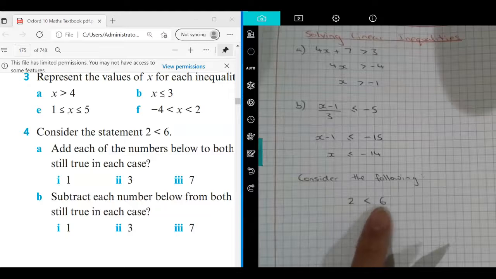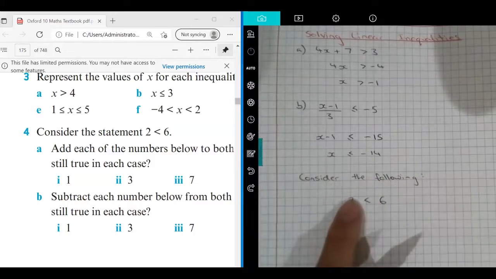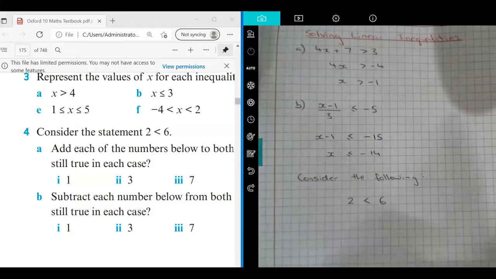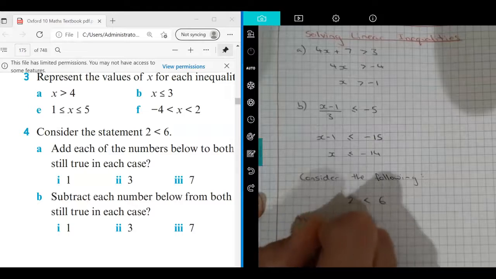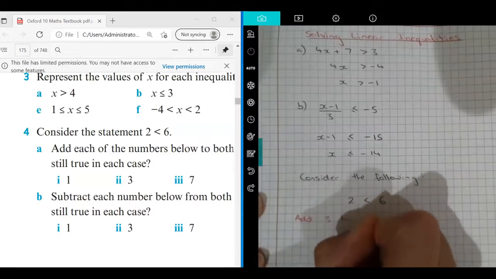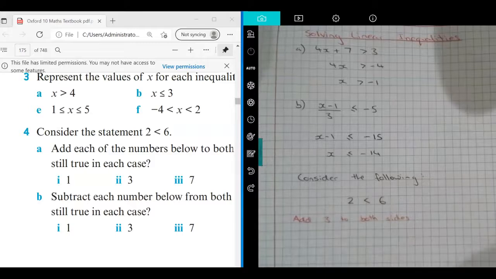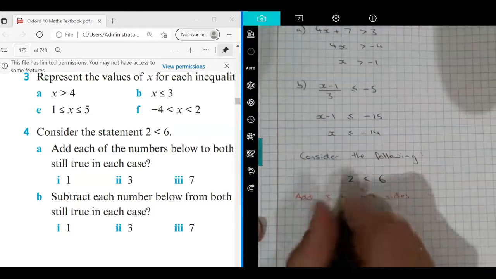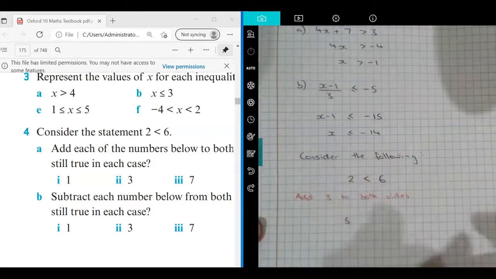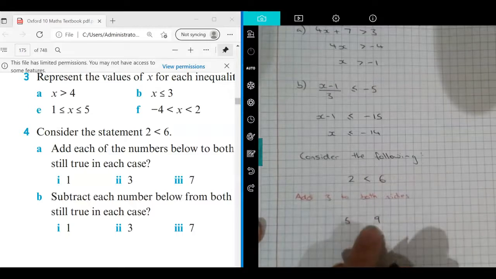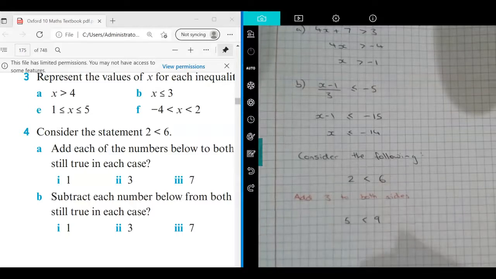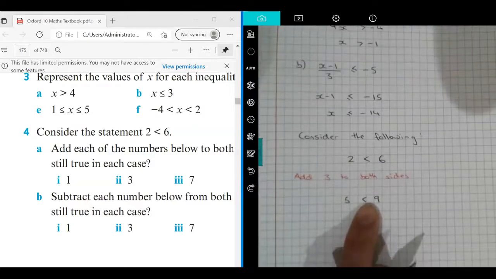If I was to add 3 to both sides of this inequality, because I can't just add something to one side, so if I added 3 to this side and I added 3 to this side, we would see that on the left I would have 5, on the right I would have 9. And we can all agree that 9 is still greater than 5. So that inequality sign would not change.